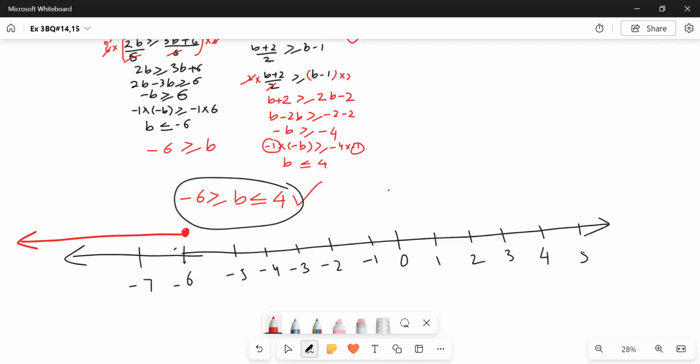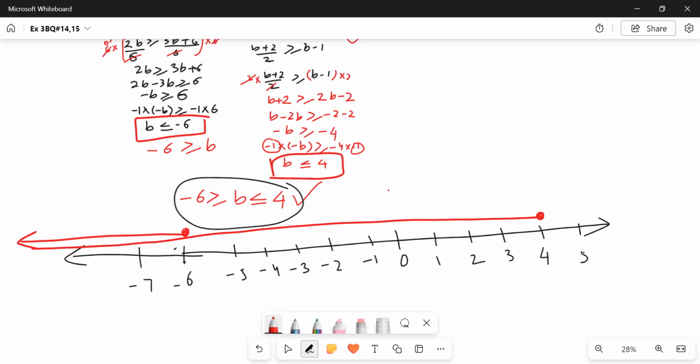And now the second line is b lesser than or equal to 4. So this is b lesser than or equal to 4. Now look at where this region is overlapping, where these both lines are overlapping.